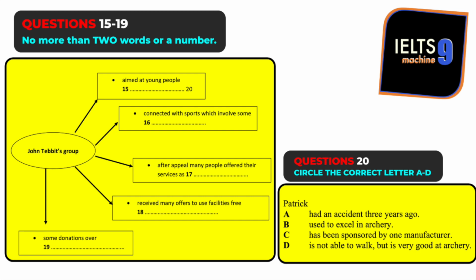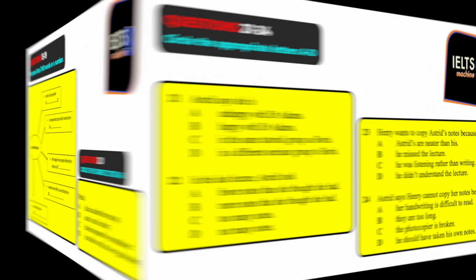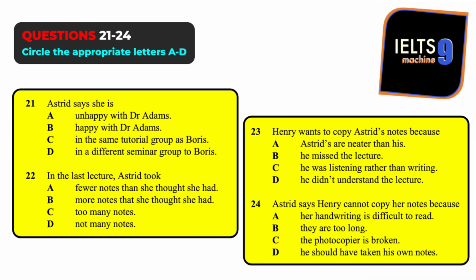Now turn to Section 3. Section 3. You are going to listen to a conversation between 2 students talking about a lecture they have just attended. First, look at questions 21 to 24.